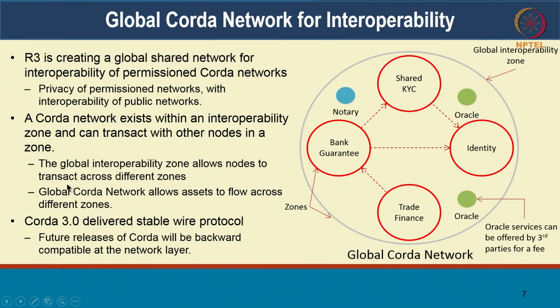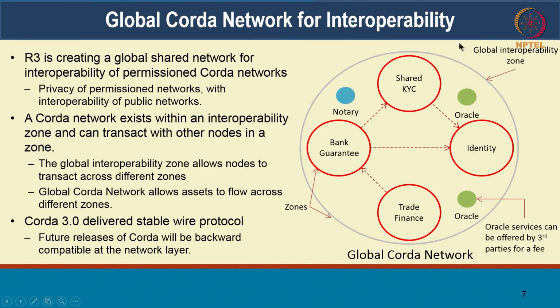Each node operates within a particular zone, and it can transact with other nodes in that zone. So the global Corda network allows assets to flow across from one zone to another. So an asset can be created in one zone, and then it can be transferred over to another zone.